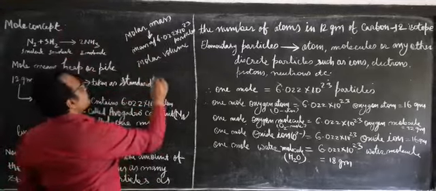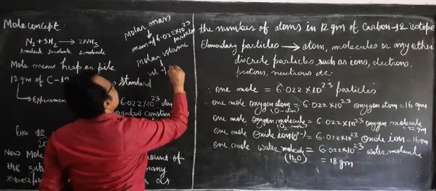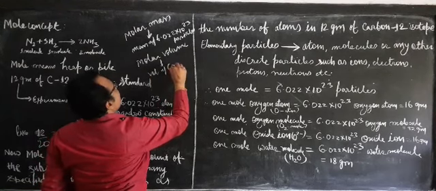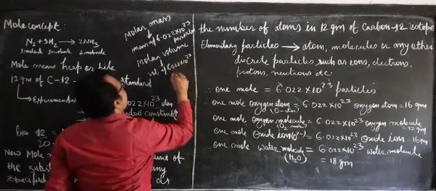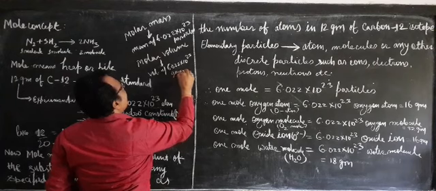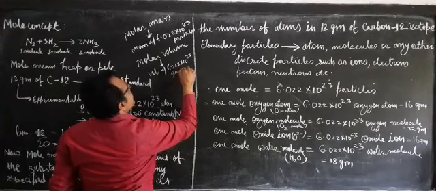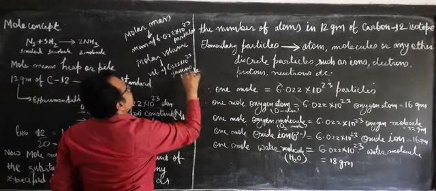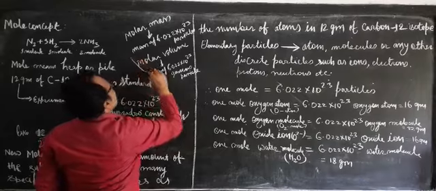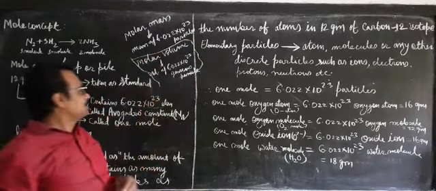Molar volume means the volume of 6.022 into 10 to the power 23 gaseous particles. So molar volume is nothing but the volume of gases.